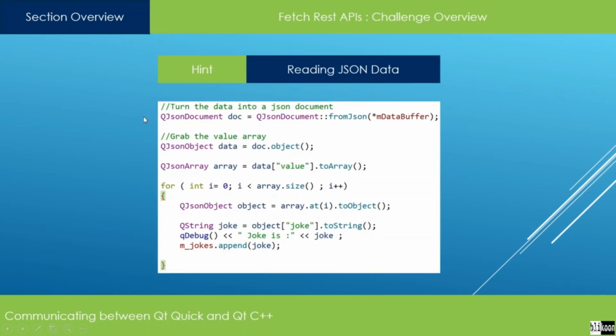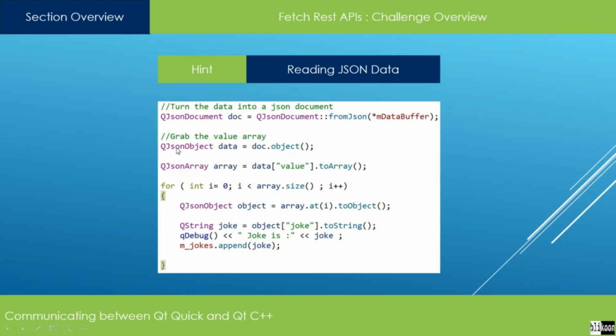The app is easy in nature, but there are a few things that might put you off if you are rusty on C++. This is how we're going to parse the JSON data that we get. We are basically going to capture the data that is stored in our data buffer. We are going to create a JSON document that contains everything we got from the internet.